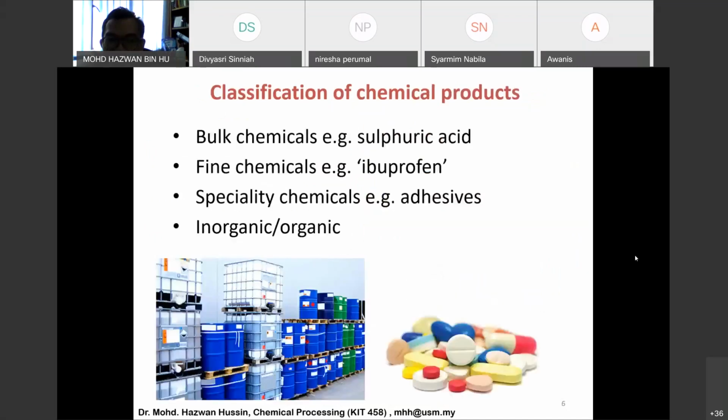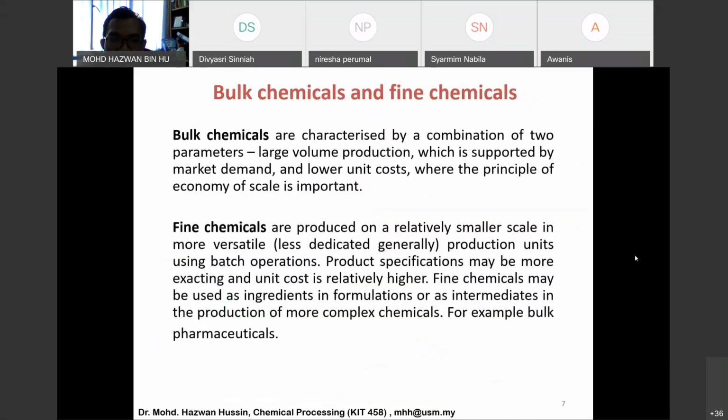Alright. So yesterday we saw the difference between bulk chemicals and fine chemicals. Remember, bulk chemicals are chemicals produced in high volume with lower purity, but at a lower cost.